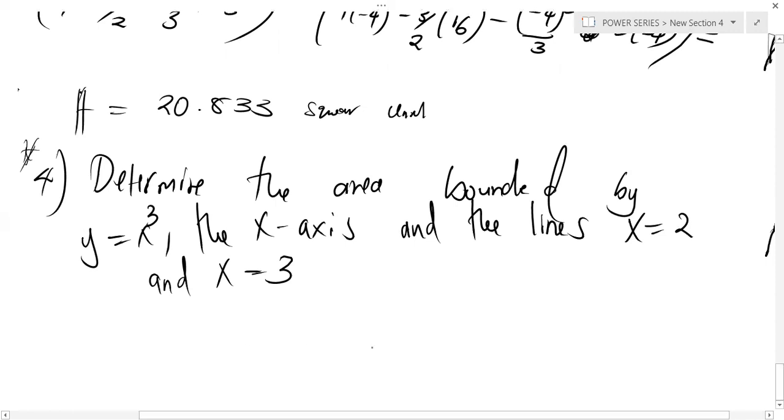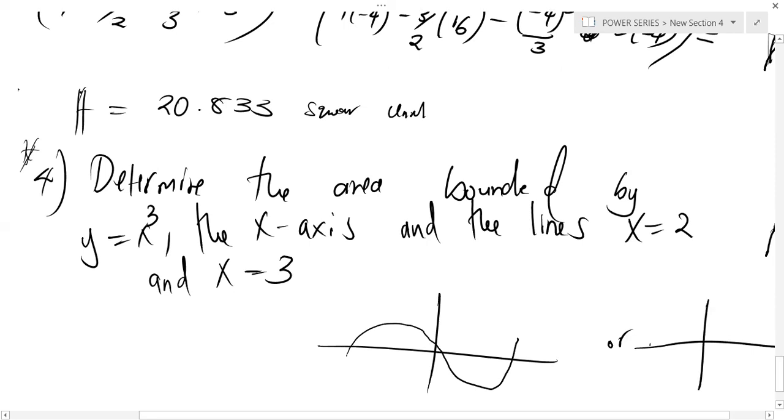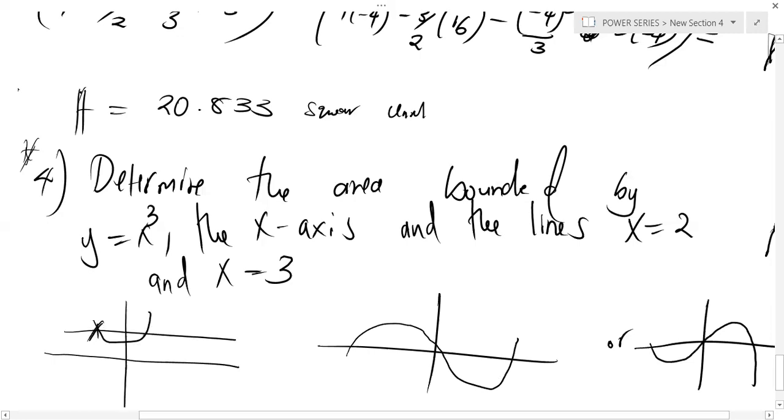You see, let's say you have a curve like this. When you sketch, you can have a curve like this, or you can have a curve like this, or you can have a curve like this. So in as much as you have the points of intersection, you can really not be able to get the area because you don't know which part is enclosed by those two curves.